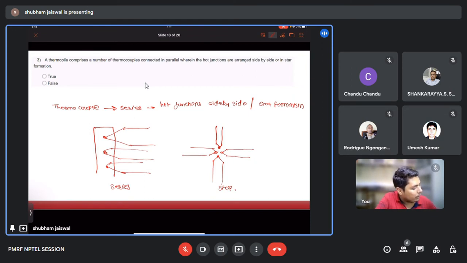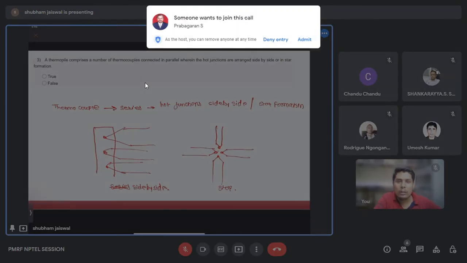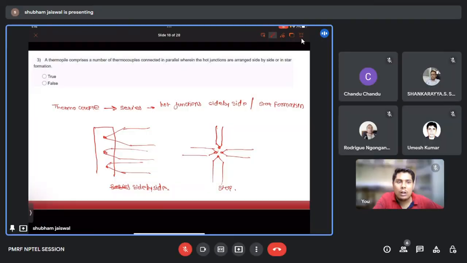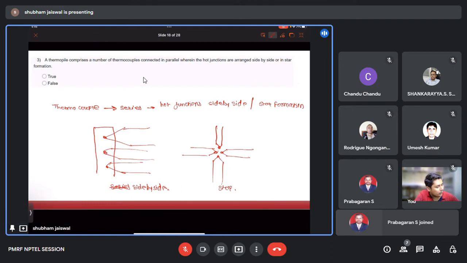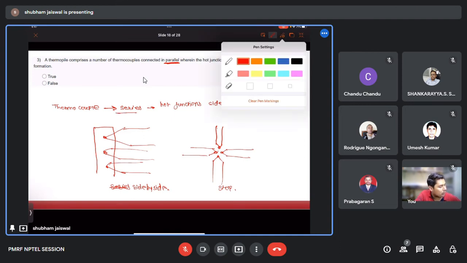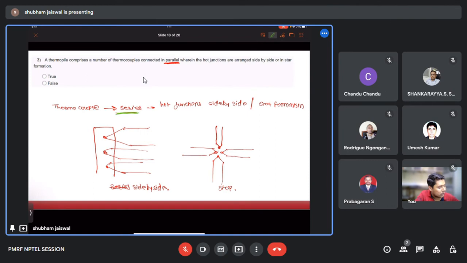This is the side by side. So here they are saying the thermopile comprises a number of thermocouples connected in parallel. They are saying it is connected in parallel, but in a thermopile the thermocouples are connected in series. So the correct answer will be false.